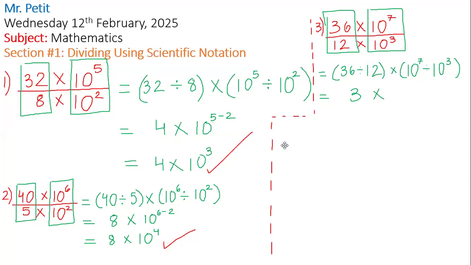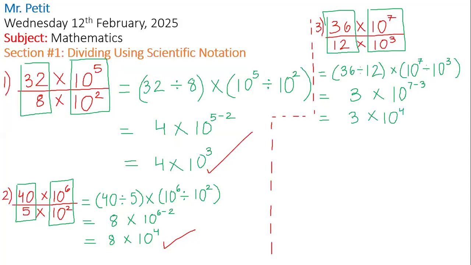So we have 10 to the power of 7 minus 3. It's going to be equal to 3 multiplied by 10 to the power of 4.